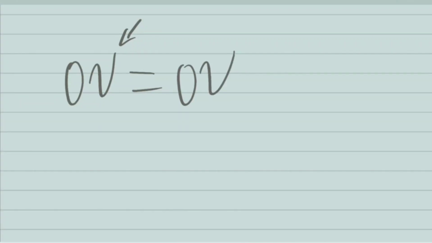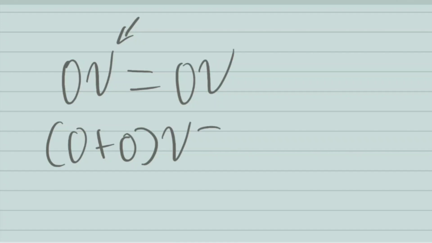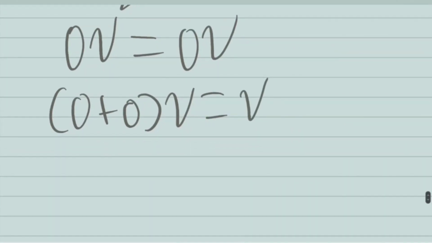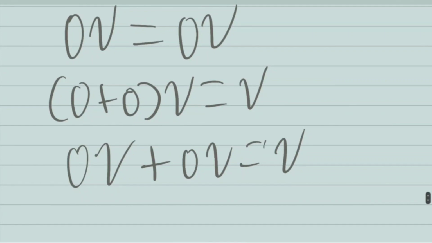We know that scalar 0 equals 0 plus 0. And so we can rewrite that as such, and then we get the same equation written a different way, and then we can just distribute. So then we get 0v plus 0v equals 0v.